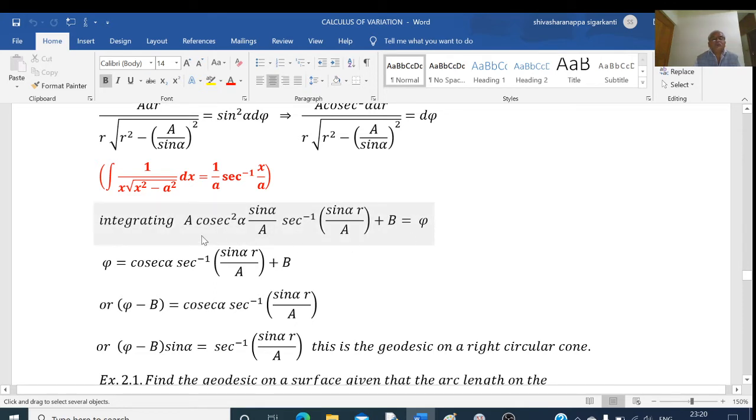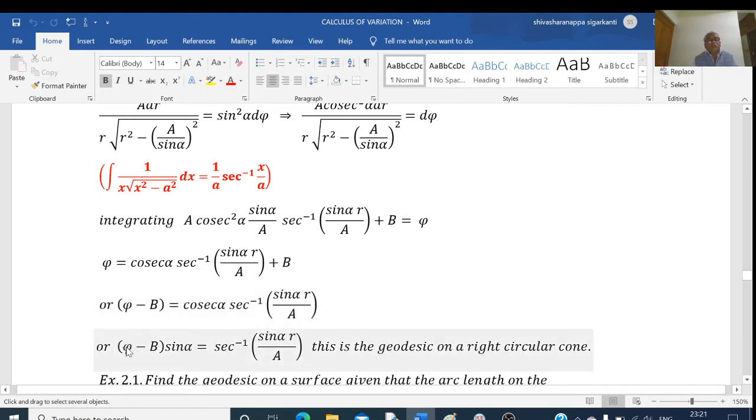So that is phi equal to cosecant alpha into secant inverse of sin alpha into r by a plus b, or phi minus b is equal to cosecant alpha into secant inverse of sin alpha into r divided by a.